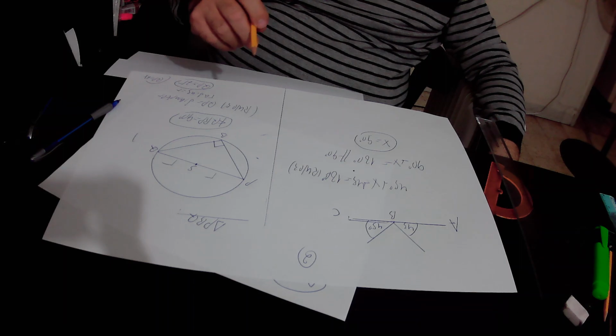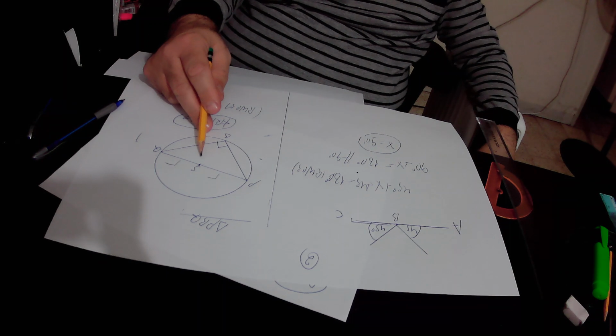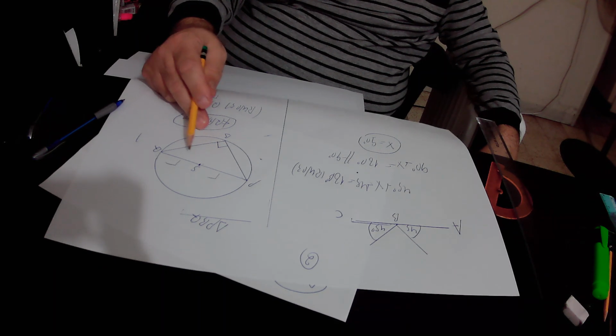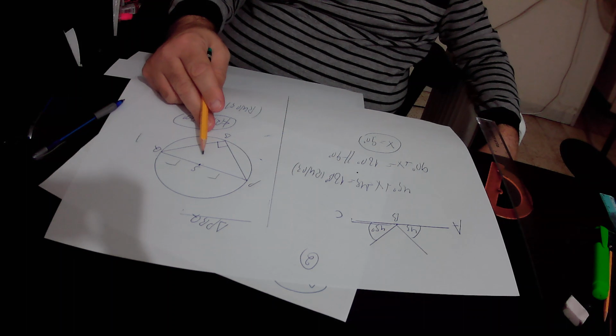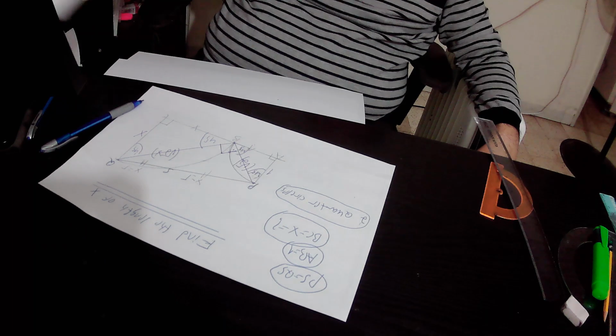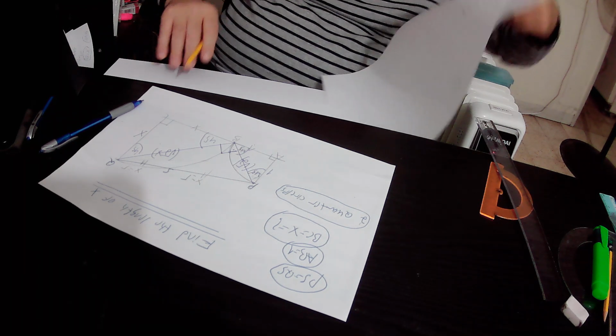So those two radii touch each other at point S. And because of the fact that the two radii touch each other at point S, S is the center of the circle. So I write it down: point S is the center of the circle.